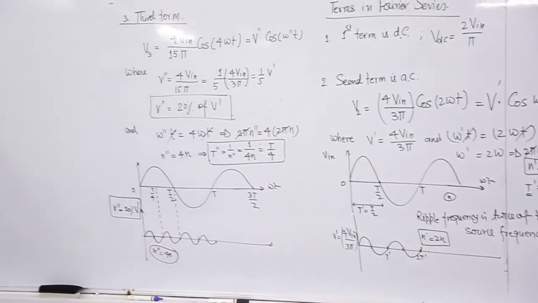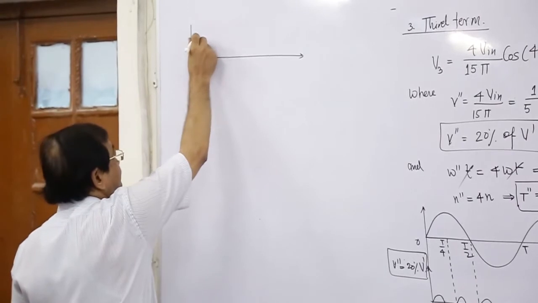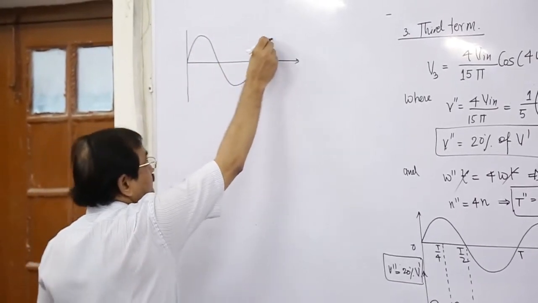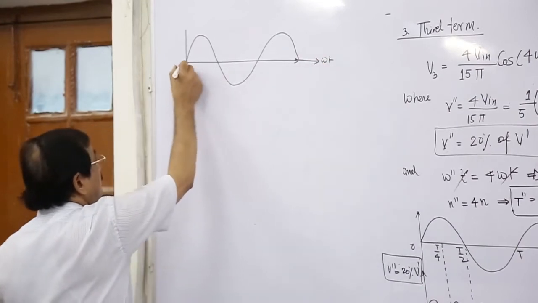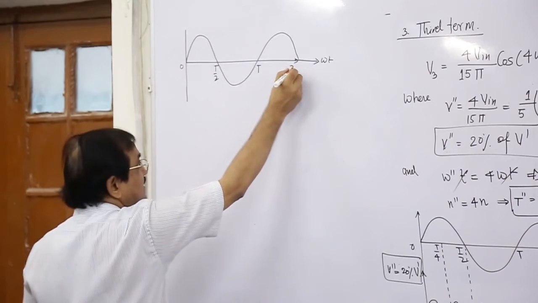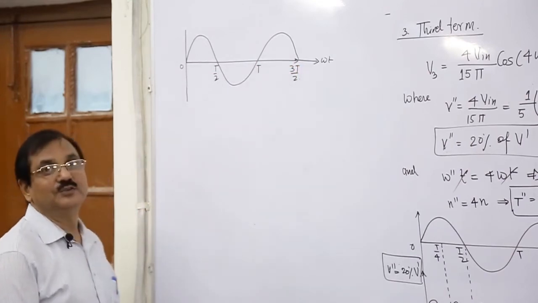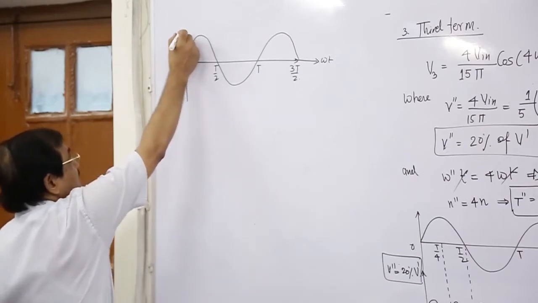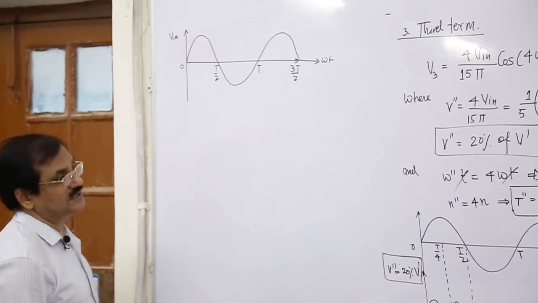So, what we have: this is 0, this is T by 2, this is T, this is 3T by 2, this is V in, the input voltage.